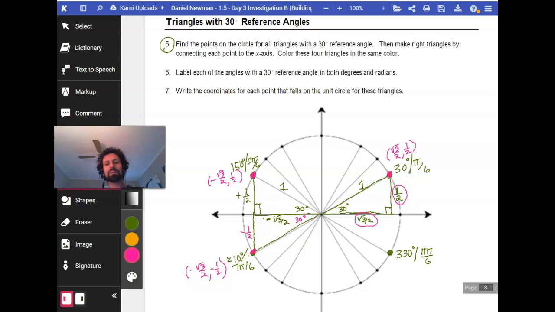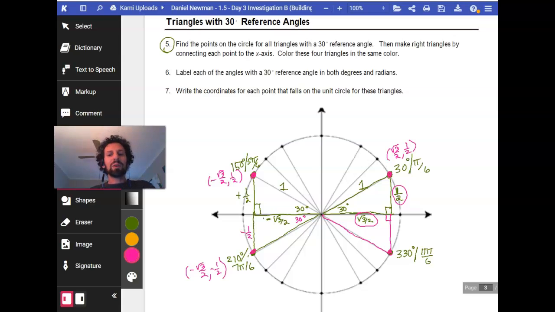Okay. And lastly, we have this point right here, which is 330 degrees and 11 pi over 6 in radians. Again, we have this triangle right here whose hypotenuse's length is 1. Sorry for the messy hypotenuse right there.